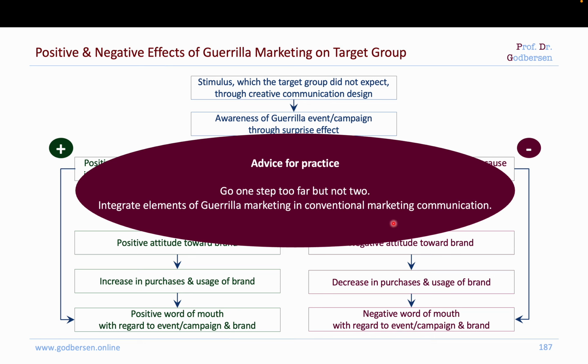I said earlier, with regard to conventional marketing communication, most of it is rather boring, and then it has no effect whatsoever. But be careful, you might run into a trap, and then this even might lead to a shitstorm or even legal problems.